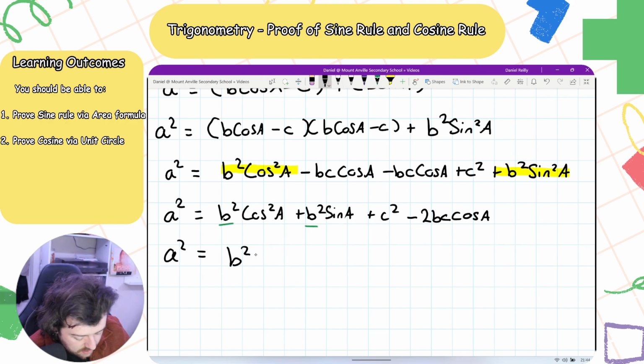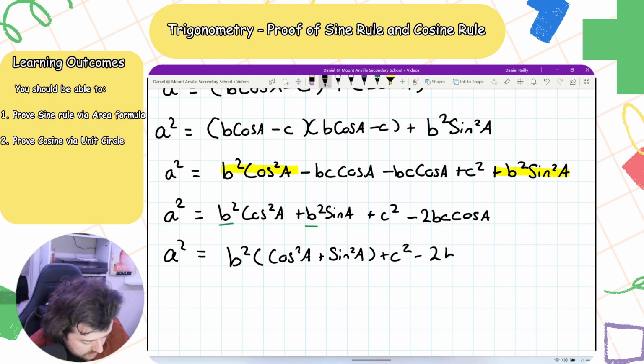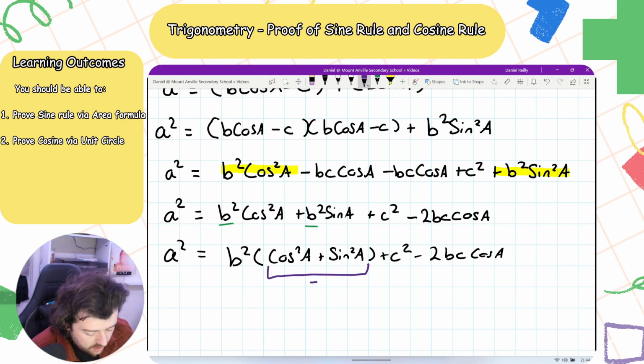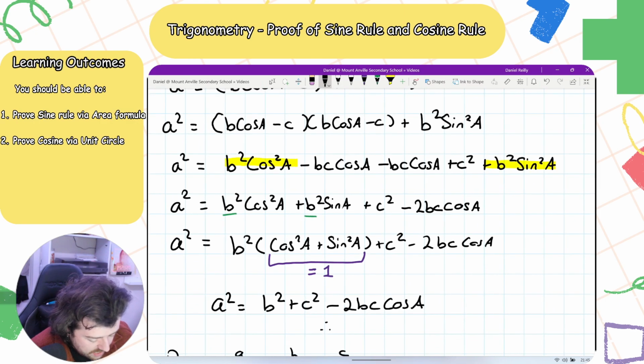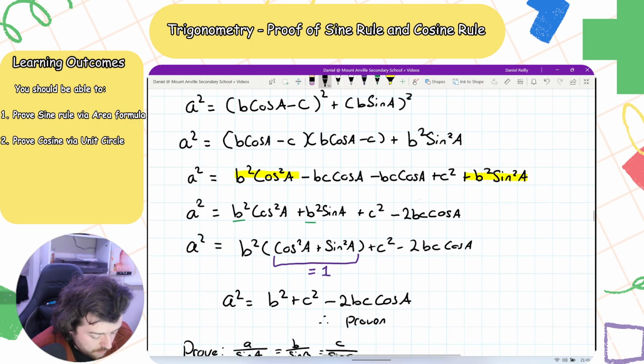I'm left with b squared times cosine squared A plus sine squared A, plus c squared minus 2bc cosine A. Now, a rule you just have to remember is cosine squared of an angle plus sine squared of an angle is equal to 1. So all of this bracket is equal to 1. Therefore a squared is equal to b squared times 1, which is b squared, plus c squared minus 2bc cosine A. And therefore, ding ding ding, we have proven it.